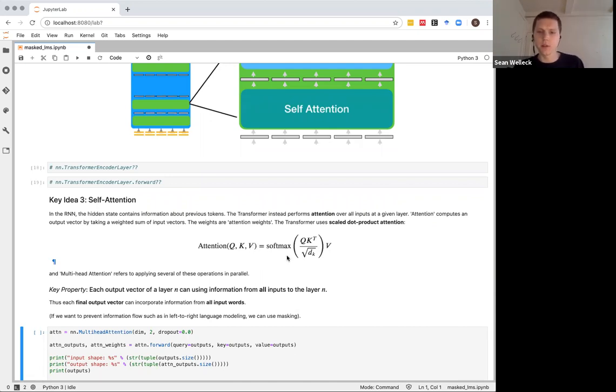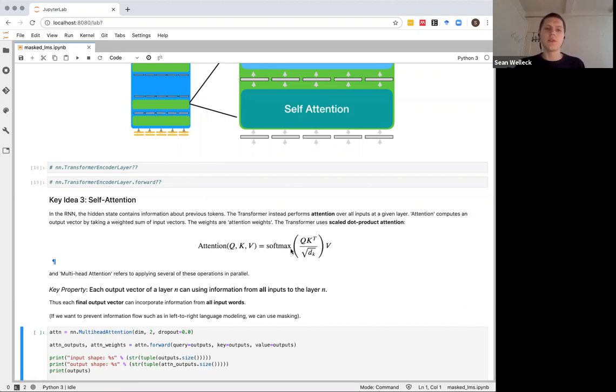And then how it's going to work is that the queries and the keys are multiplied, and then there's this normalization, which we discussed yesterday. Then by taking the softmax, you get a distribution over the different positions.